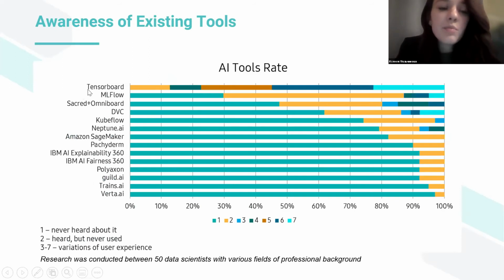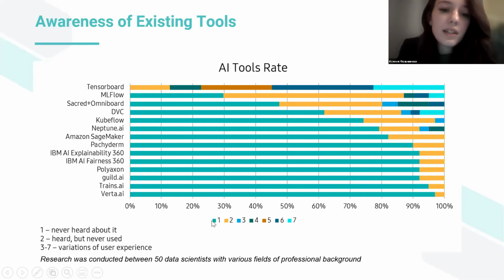The most popular tool that everybody heard about is TensorBoard from Google. It makes a visualization, but it's so heavy and so slow that it's really time consuming. Many people said that they heard of tools like MLflow but never used them, which is a weak point for everybody.